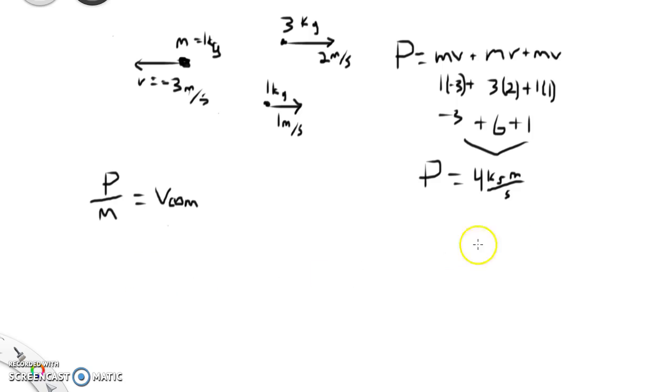So the next step would be to take our total momentum here and find our total mass. So go ahead and do that now. So we take our total momentum and divide by our total mass to get the velocity for our center of mass.